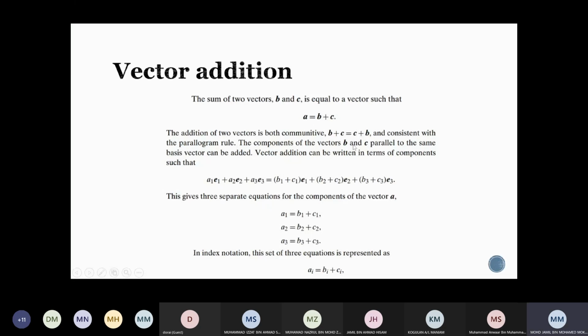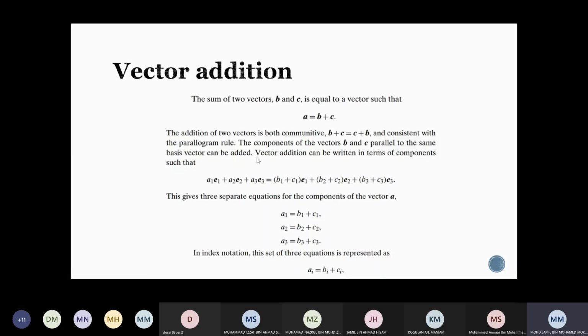So the components of the vectors b and c parallel to the same basis vector can be added. Kalau B dan C dia punya basis vector, tadi E1, E2, E3, are in the same direction, then you can add. If E1, E2, E3 are not in the same direction, you cannot add the vector.